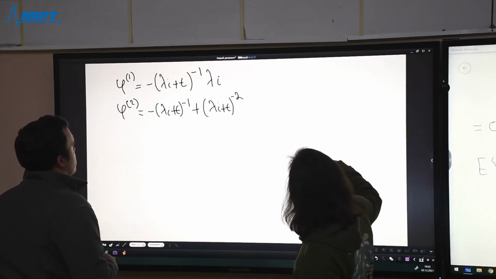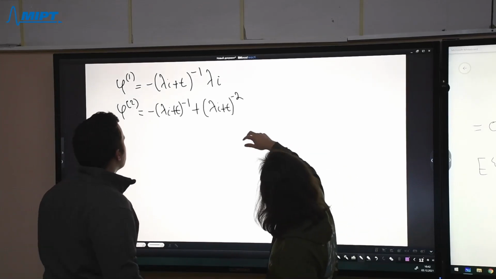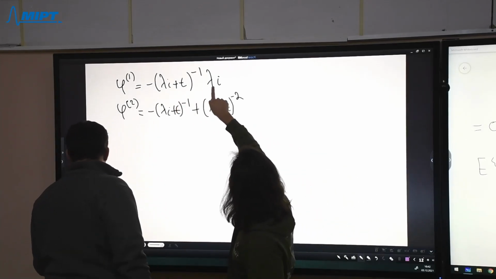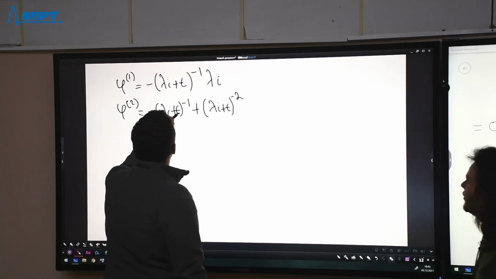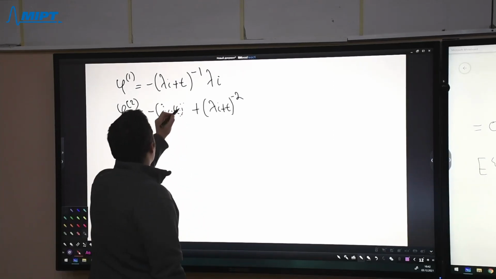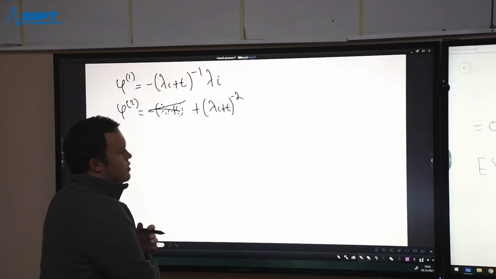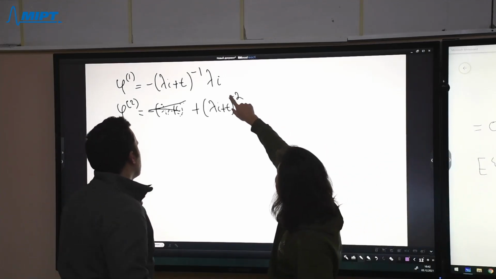Yeah, and the derivative of this is 0. So it's just this then, and the internal is 1, so that's that.